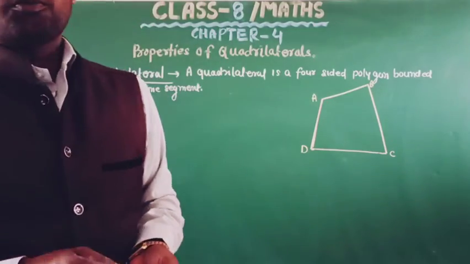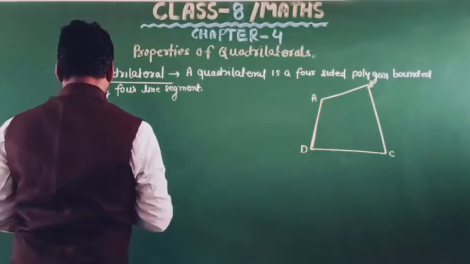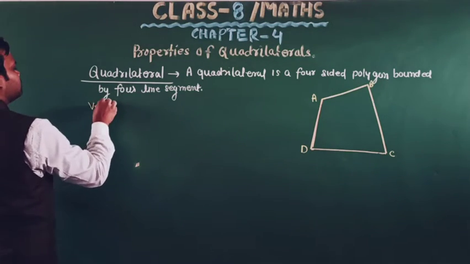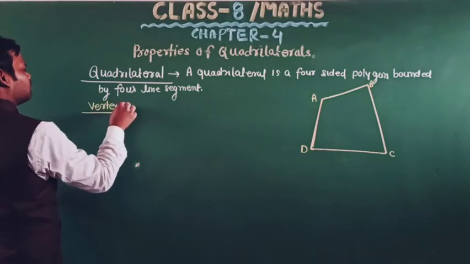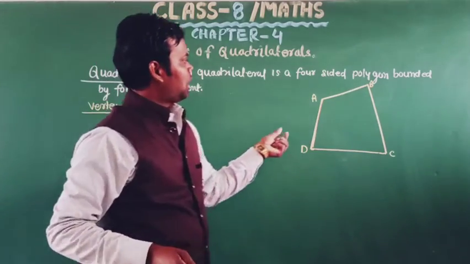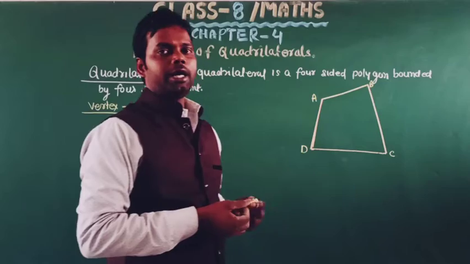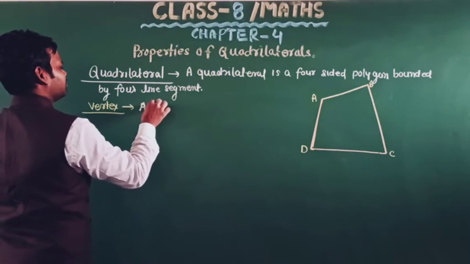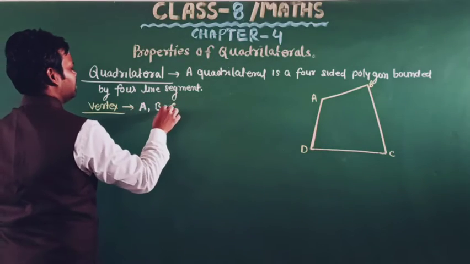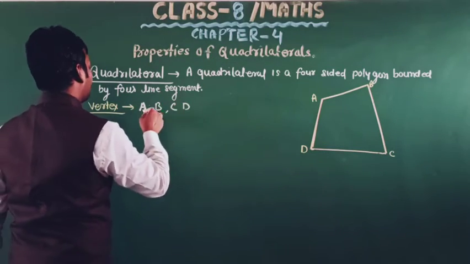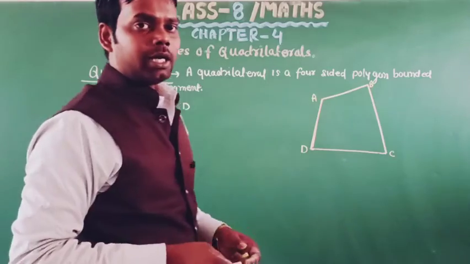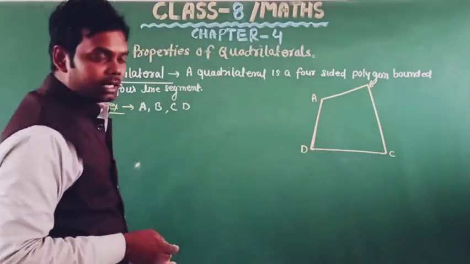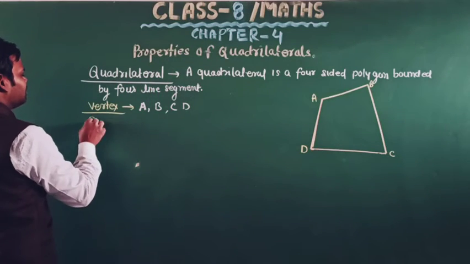The four points of a quadrilateral are called vertices. So here A, B, C, D are called the vertices of the quadrilateral. AB, BC, CD and DA are called the sides.